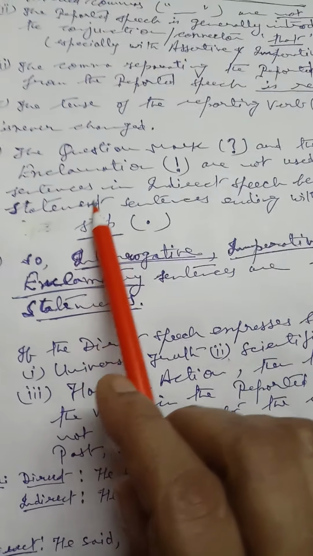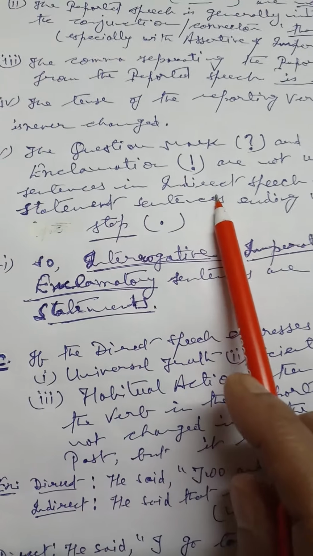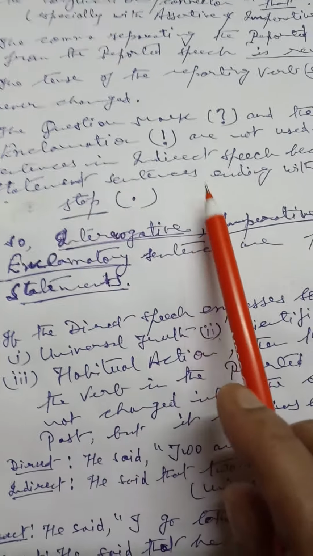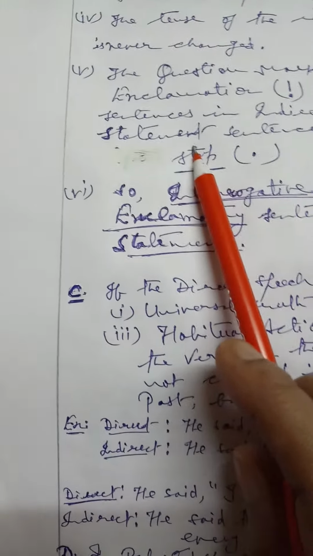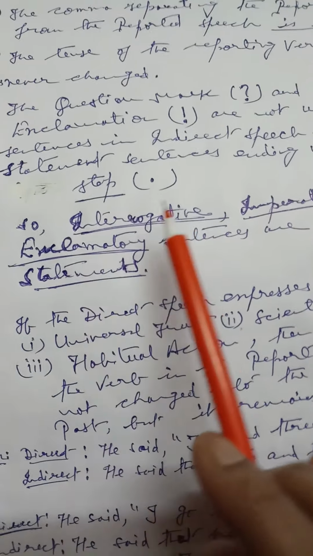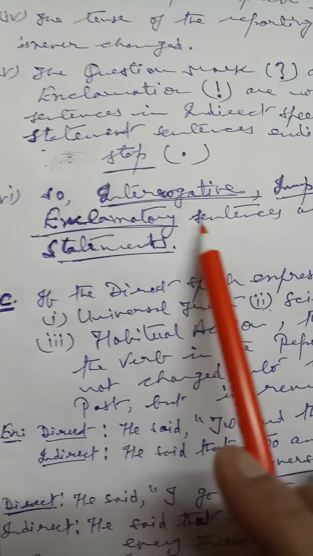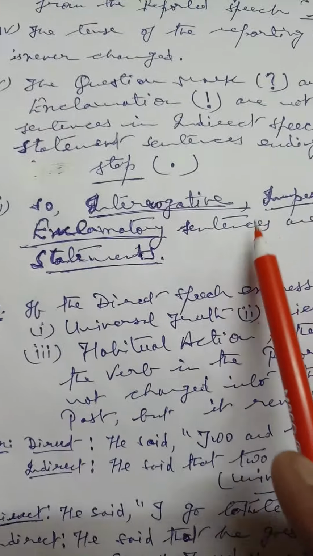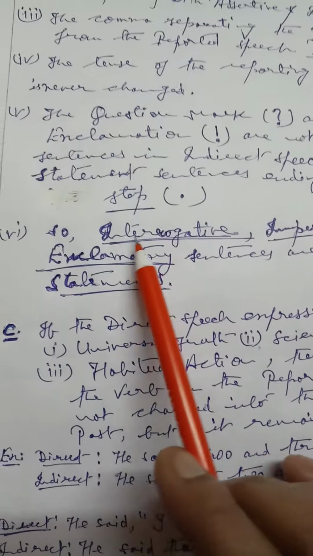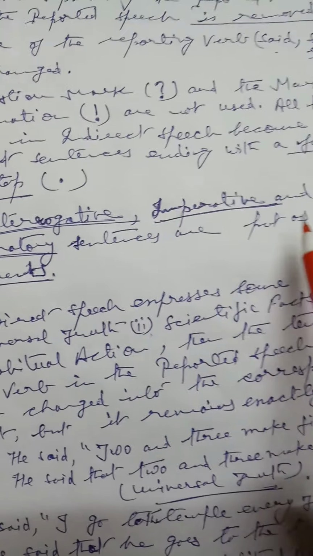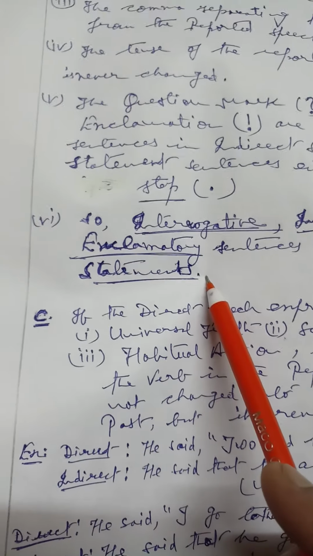All the sentences in indirect speech become simple statement sentences ending with a full stop. So the three types of sentences, interrogative, imperative and exclamatory, are put as statements.